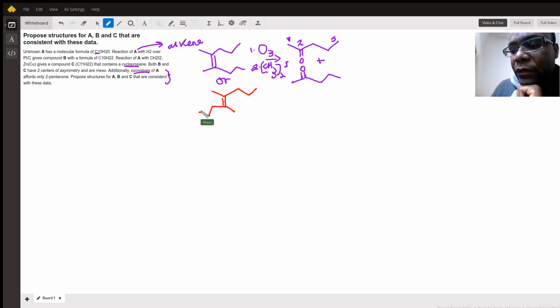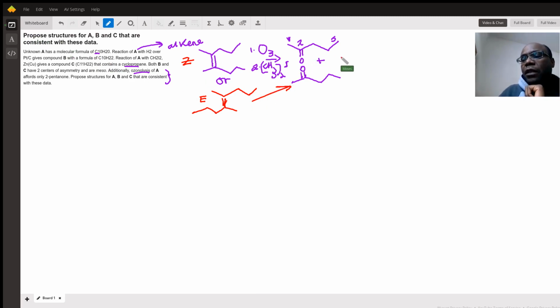One, two, three, four, five. So let me redraw this so that it looks beautiful. It would have been either the Z isomer or the E isomer. Either way, both of these under ozonolysis should give you 2-pentanone, which is given in the question.